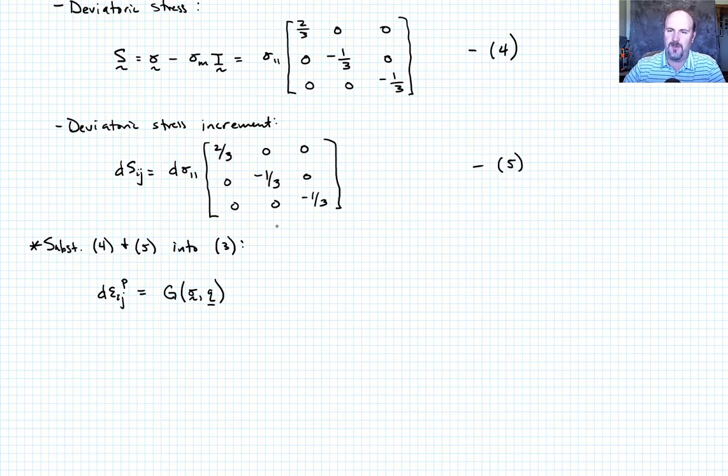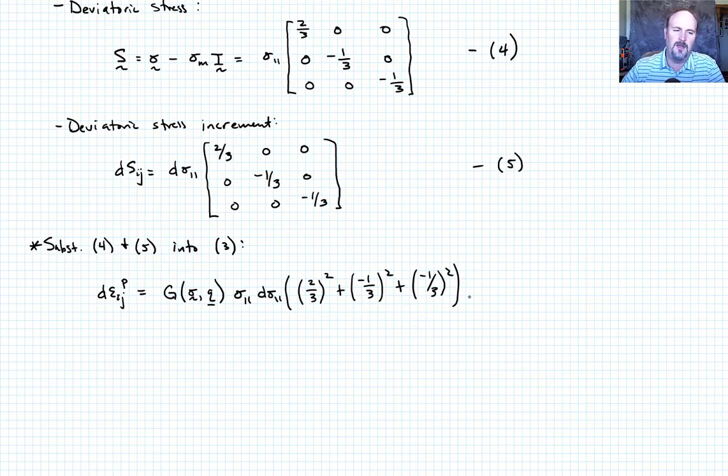That is going to give us this d sigma 1,1 and sigma 1,1 pulled out, and then we basically have the product of these quantities summed up. So this is going to give us 2/3 squared plus negative 1/3 squared plus negative 1/3 squared. And then we have this quantity S_ij.